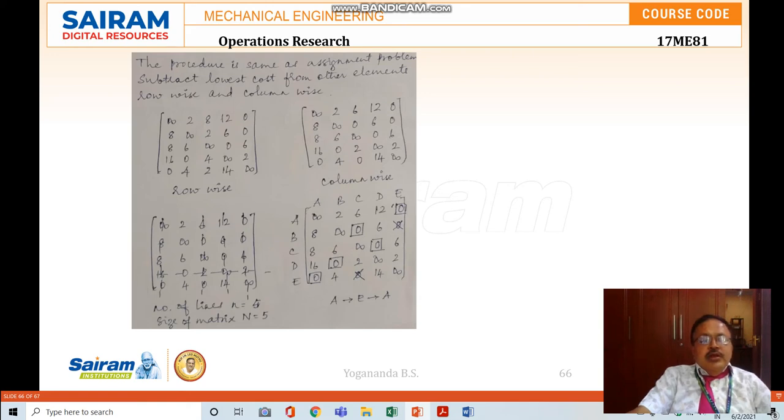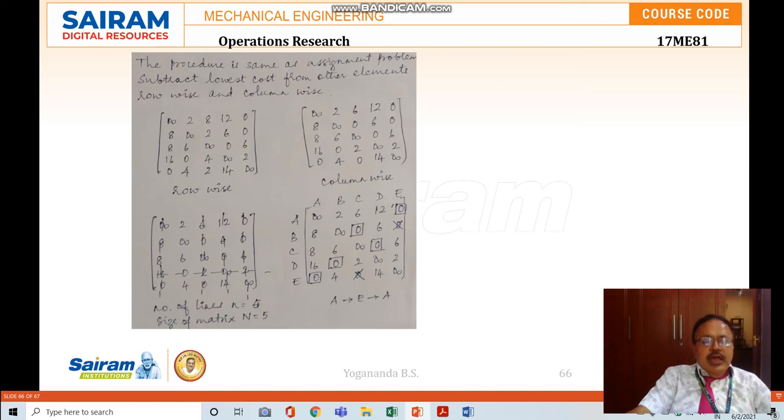The third column has 2 as the lowermost element, so subtract 2 from the other elements. So 8 minus 2, 6. 2 minus 2, 0 here. Then 4 minus 2, 2 here. 2 minus 2, 0. So we are getting the column minimization table.